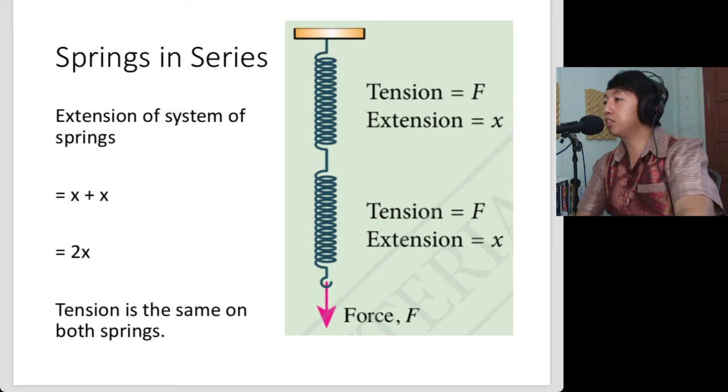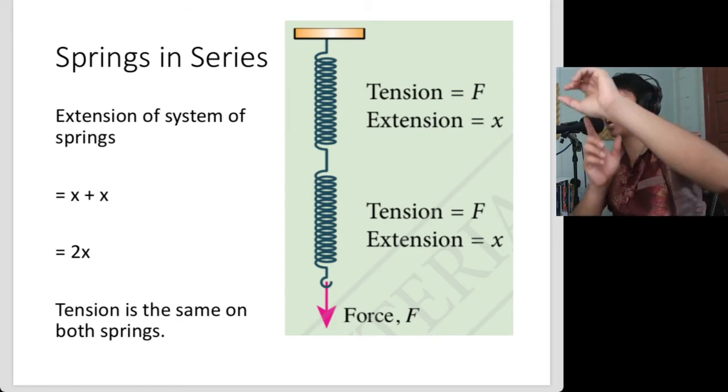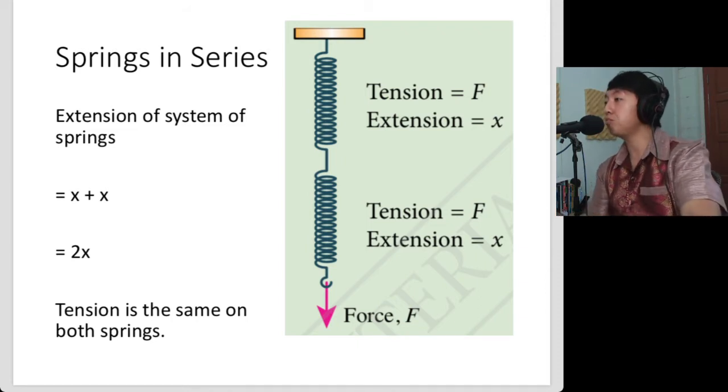So if we take springs in series, meaning to say line them up like that, the total extension of spring 1 and spring 2, you'll have to add up spring 1 and spring 2 lah. Okay? In other words, bila kamu calculate, kamu kena calculate extension untuk setiap spring satu-satu.